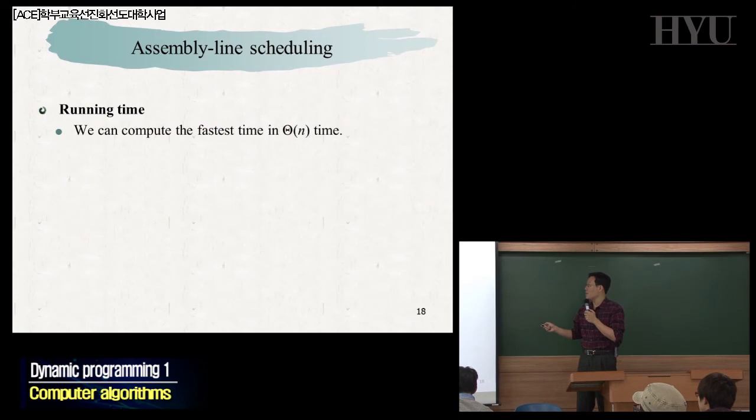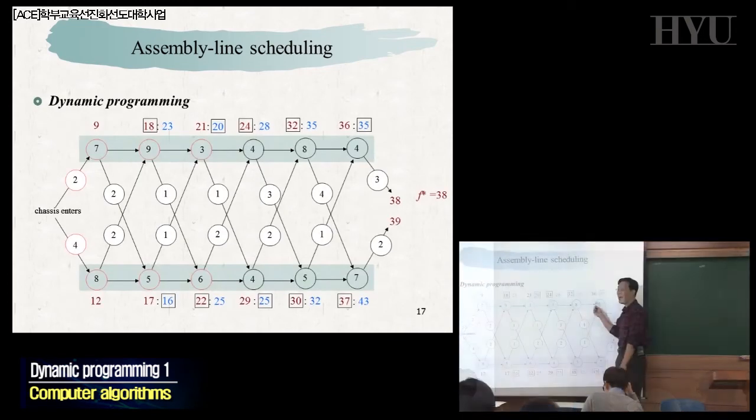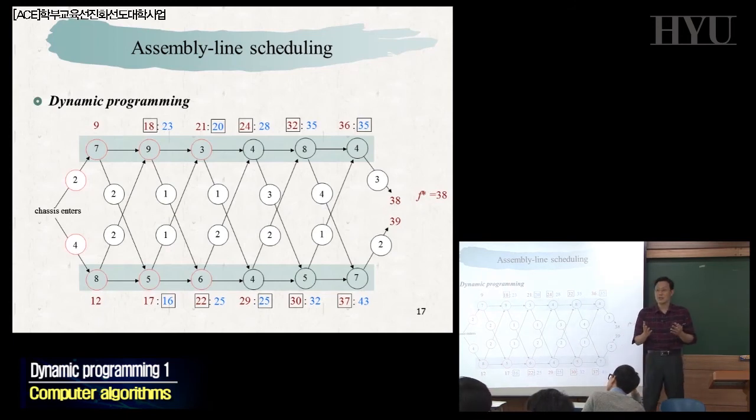And the running time is just theta of n. Why? We have 2n stations, okay? The number of stations is 2n. And computing the finish time at each station takes just constant time.